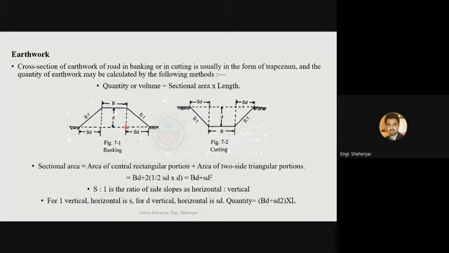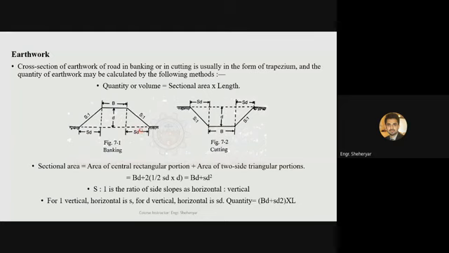So if the depth of the filling is D, what will be this horizontal distance? Definitely S times D. So I have D, I have SD.